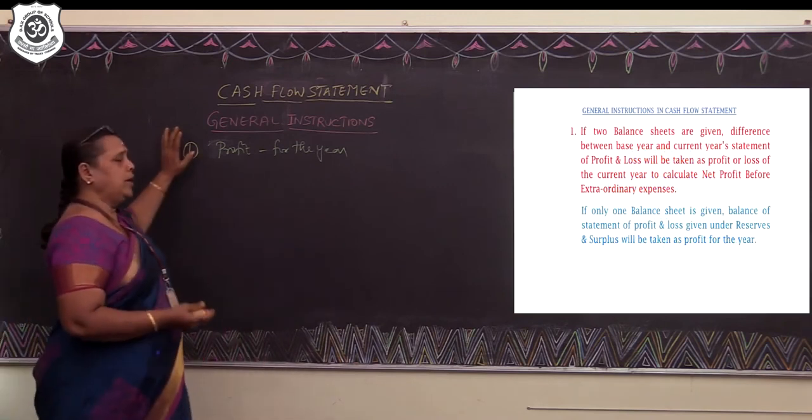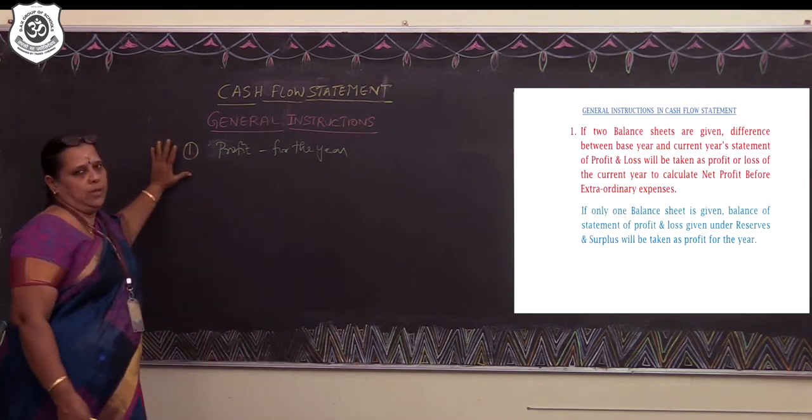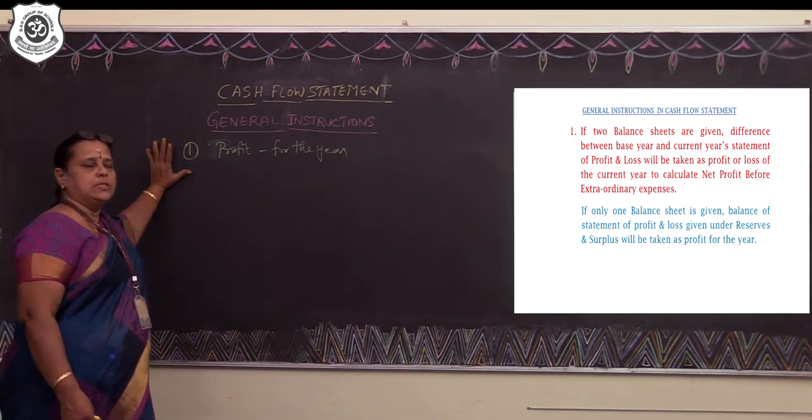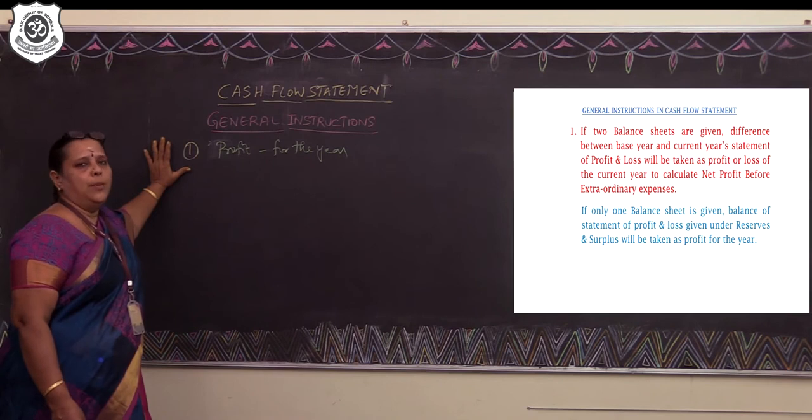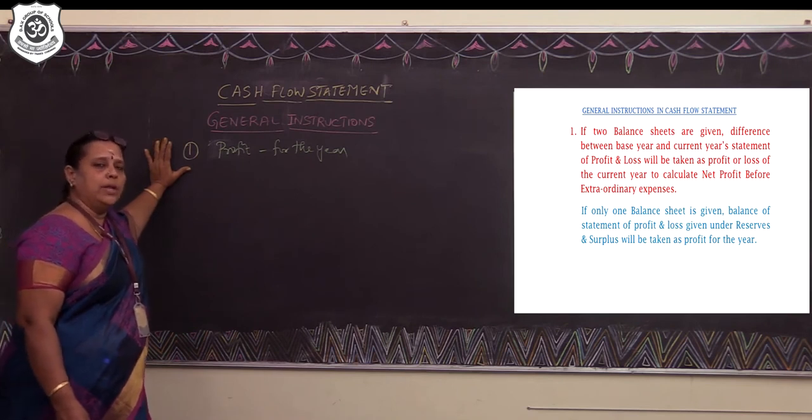How are we going to compute profit for the year? Now we know pretty well that step 1 in cash flow statement is calculation of net profit before extraordinary items.